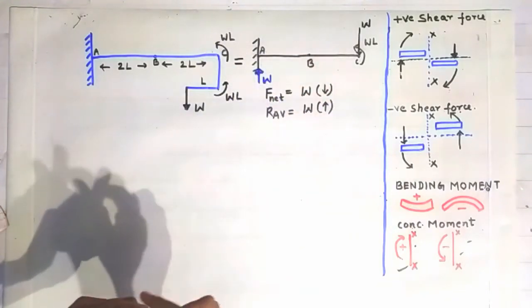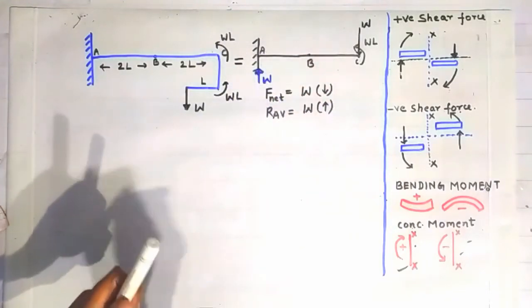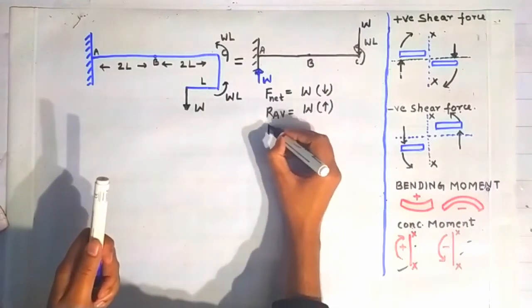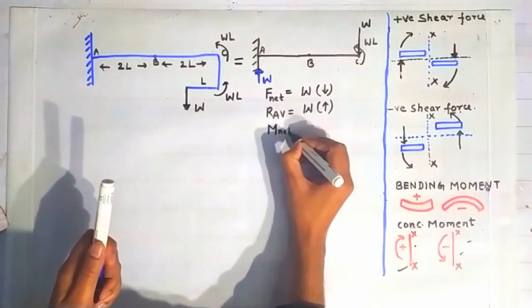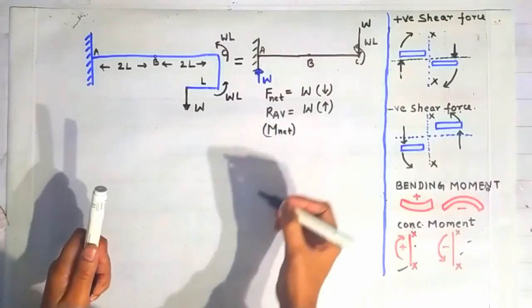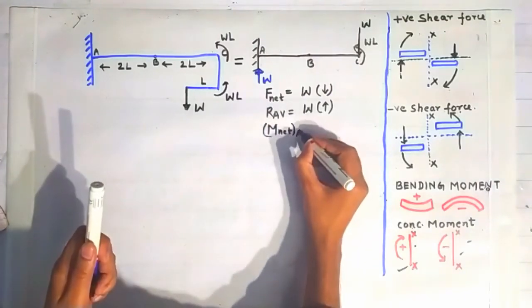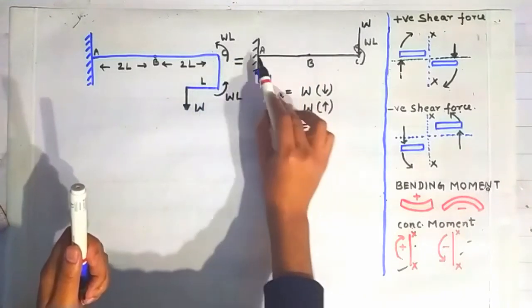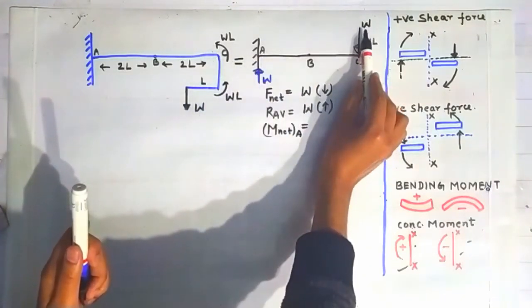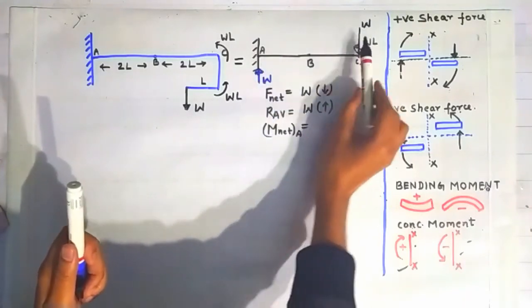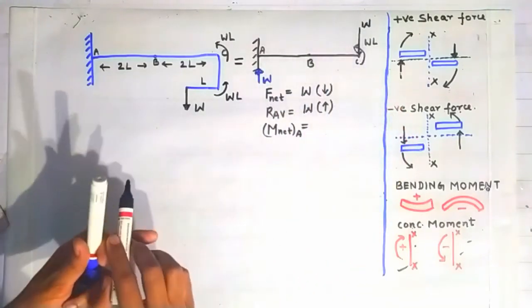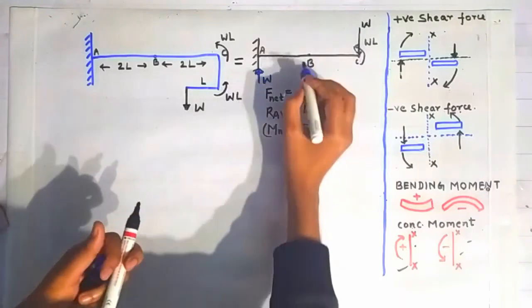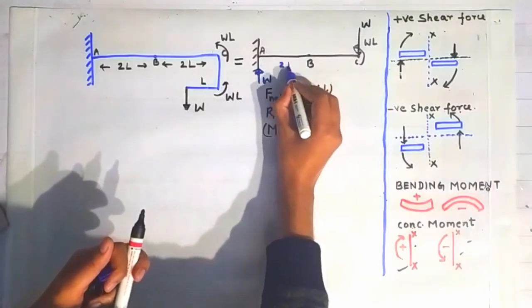Now the net moment acting at the point A we have to find out. For that we have to consider this point A. Now about this point A, this load is causing a clockwise rotation or clockwise moment. The two lengths are 2L and 2L.